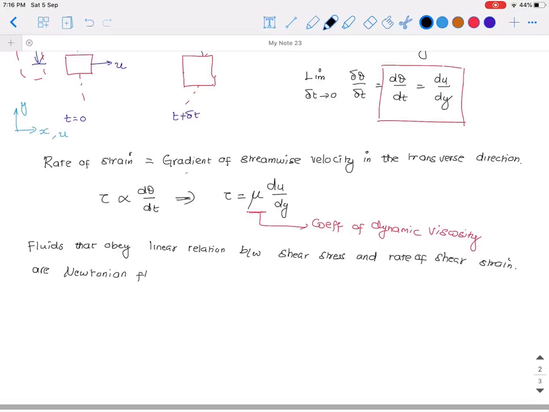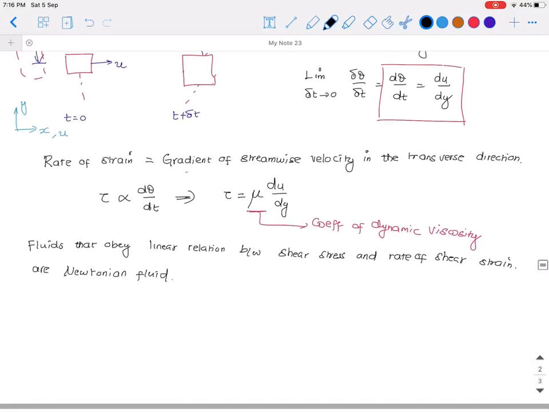They are analogous to a linear elastic solid, in which stress is proportional to strain, which is given by Hooke's law.